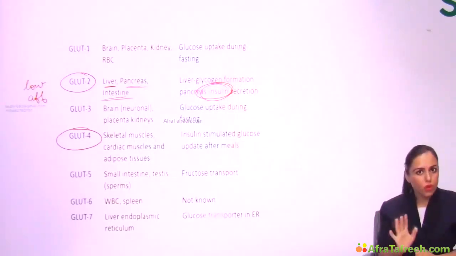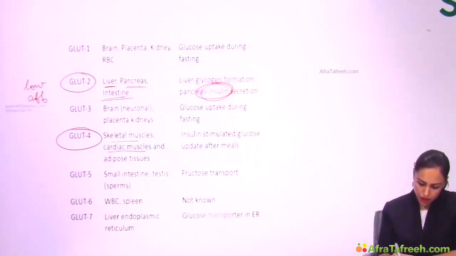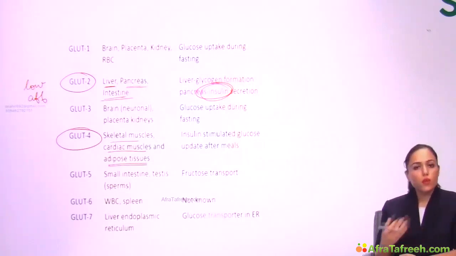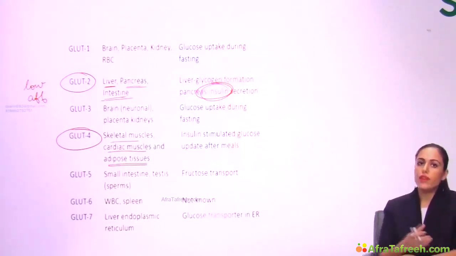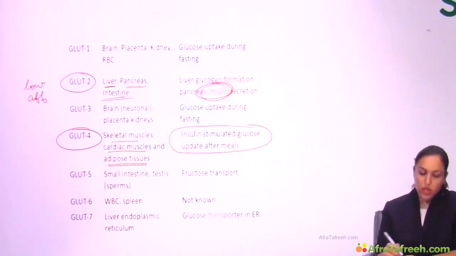GLUT4 should be present on those tissues, that is skeletal muscle and cardiac muscles and adipose tissue, right? When glucose will enter into muscle, then it will be converted to glycogen, and when glucose will enter into adipose tissue, it will be converted to fats, right? So the function of GLUT4 is insulin stimulated glucose uptake after meals, right?